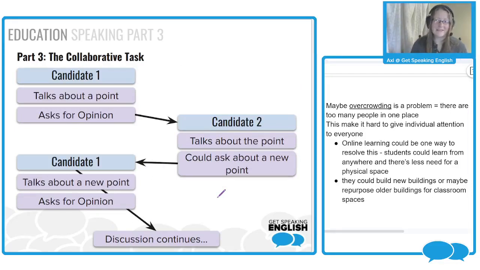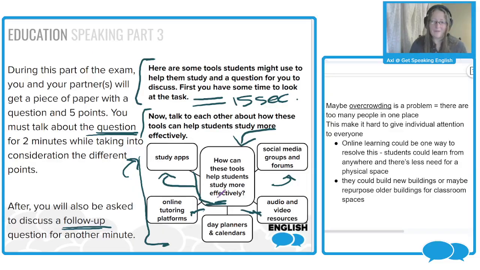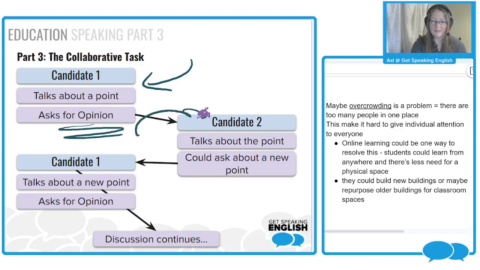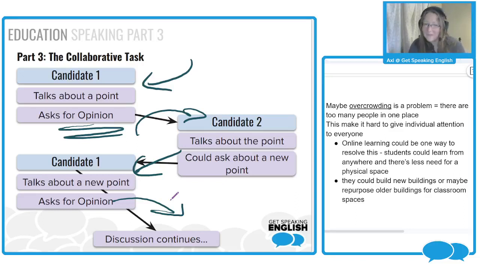Like I said, it's basically a discussion, right? So you might want to start with one point. Candidate 1 might talk a little bit about that point, and then ask their partner for their opinion on the point too, right? So it's a bit of a back and forth as you continually talk about these topics and have a bit of a discussion, okay?